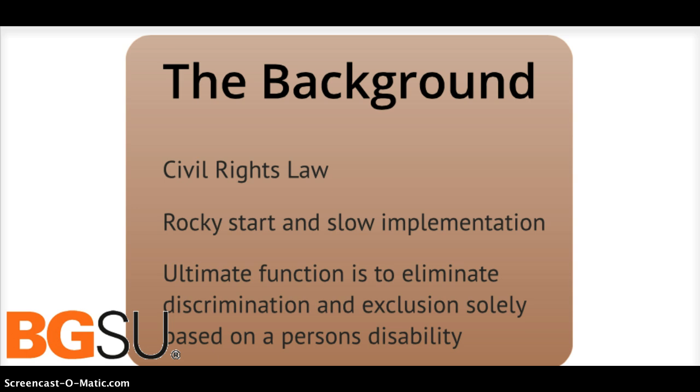But ultimately, the function is to eliminate discrimination and exclusion solely based on a person's disability. It's limited to entities that receive federal funding, but for most public schools, the fastest way to receive federal funding is most likely through the federal lunch program, as well as Title I. And then implementation of special education law automatically puts public schools in there.